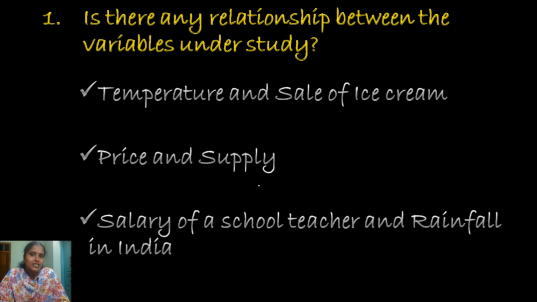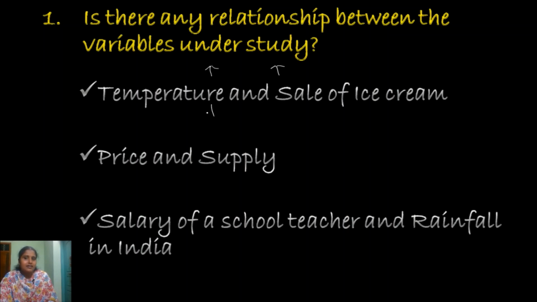How to identify or determine the relationship between the variables? Let me take as an example temperature and sale of ice cream. Here, temperature and sale of ice creams are two different variables. If temperature increases, definitely the sales of ice cream increase.